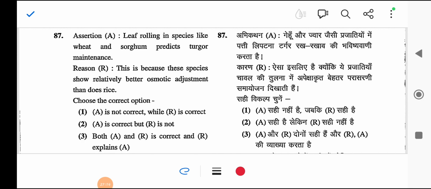Leaf rolling is seen in wheat and sorghum, which shows that they have turgor maintenance like character, and because they have leaf rolling ability, they can show better osmotic adjustment than does rice. So this is absolutely correct, and R is the correct explanation of A.